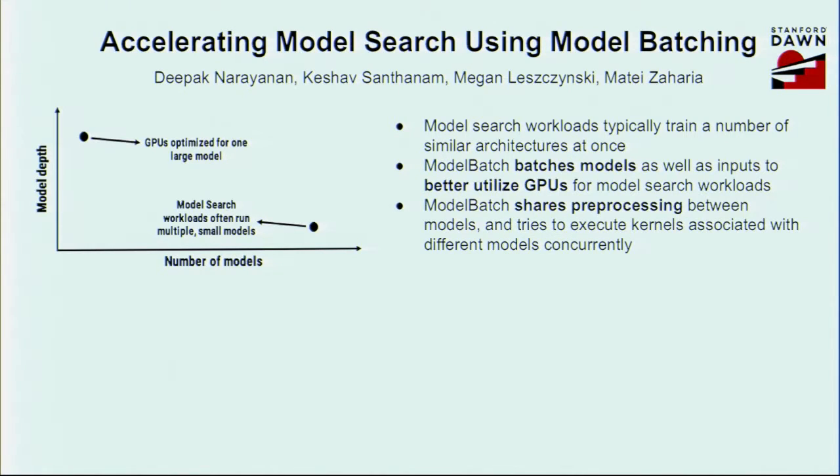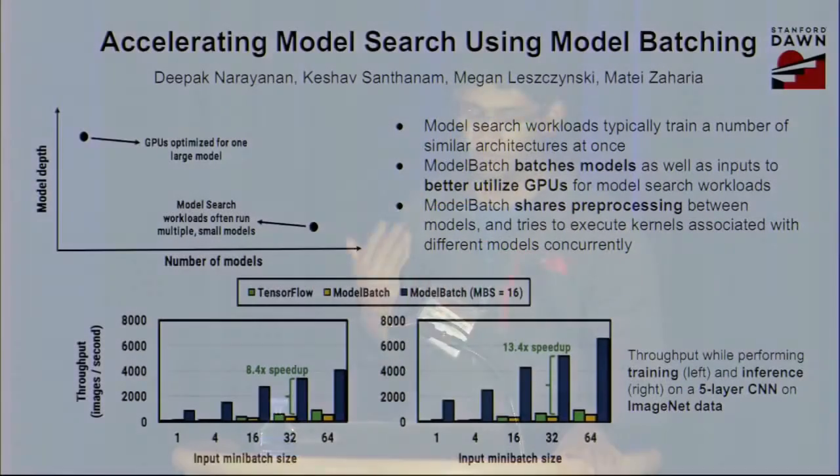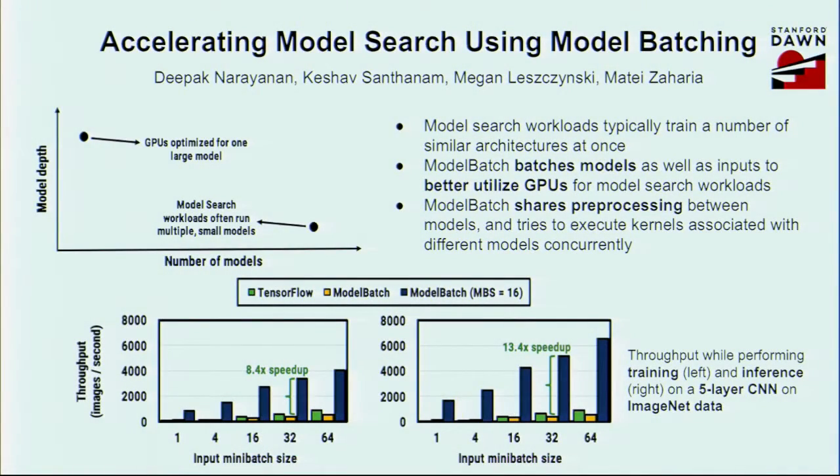So ModelBatch is a system that tries to better utilize these GPUs for this model search type application. We see that we can achieve speedups of up to 13x by doing some of these compiler optimizations. If you want to learn more, come see me at my poster.